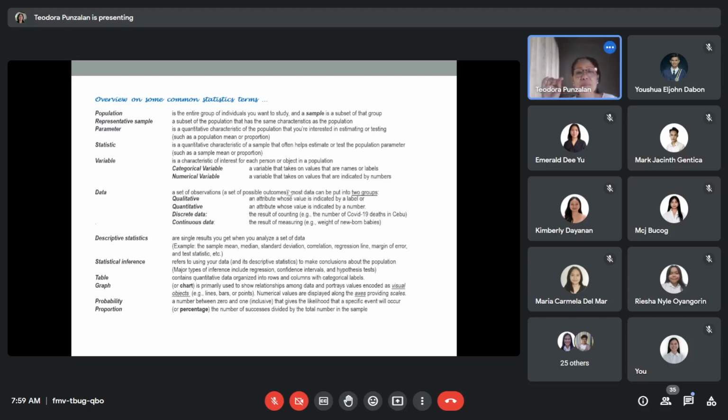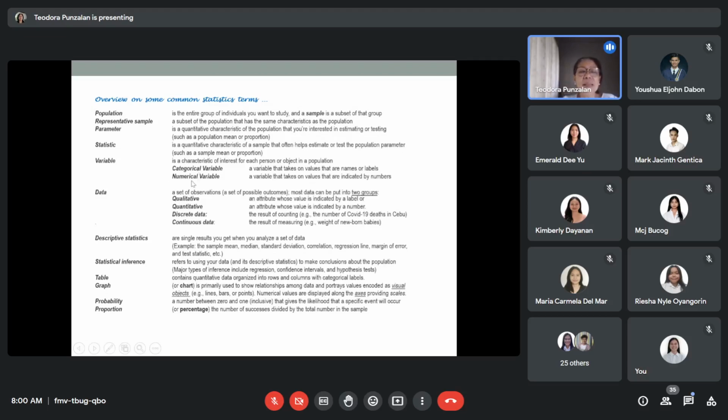It's just a label. Now, license plates are not numeric, but they are categorical. Your ID number is not numerical, but categorical. Why? Because an ID number identifies something. Okay?